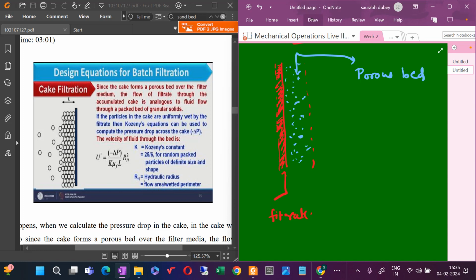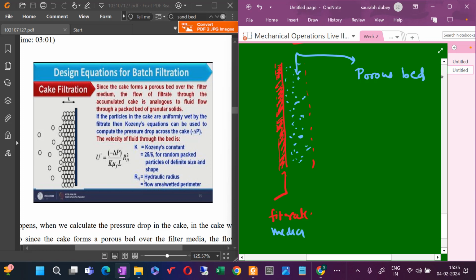over the filtrate media. Over the filtrate media, this porous bed is forming up, and whatever flow of the remaining slurry is happening through this media is analogous to what? Fluid flow through a packed bed or granular solid.